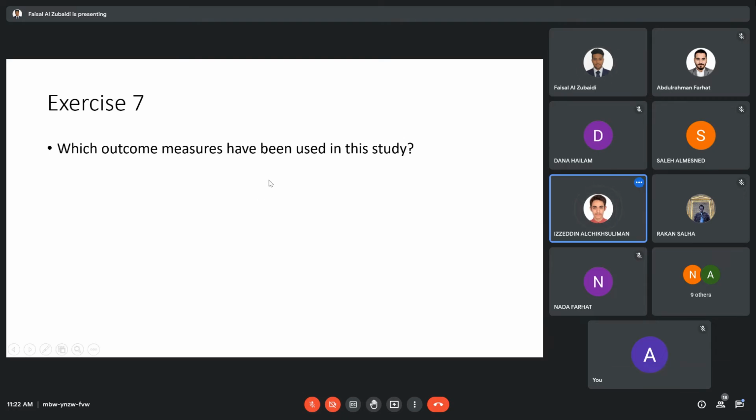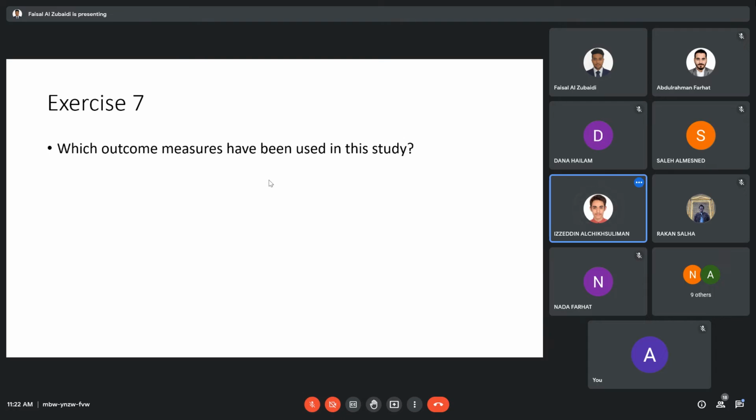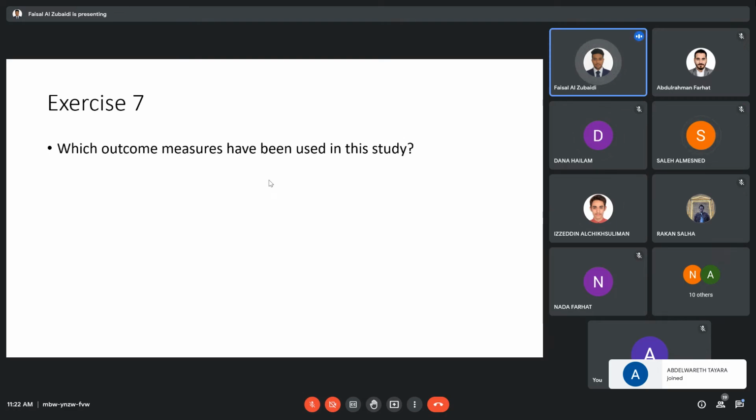In this study, which outcome measures have they been following, as you were reading the article? So is this question asking how they analyzed the outcome? Yeah, the measures, the outcome they use to assess the progression or the failure of those patients in the study. How do they follow them up?